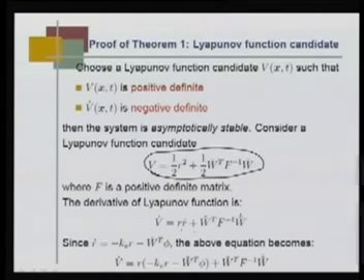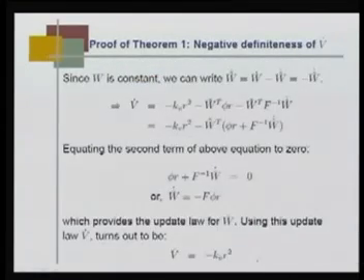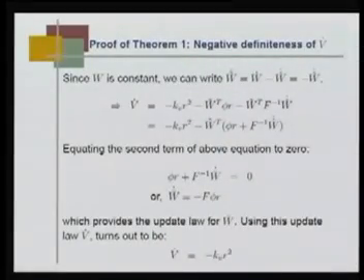So, this R dot is multiplied here and then this term. Since W is constant, you can write W tilde dot as simply minus W hat dot. This W hat is actually the weights of the radial basis function network that is supposed to be approximating f of x.